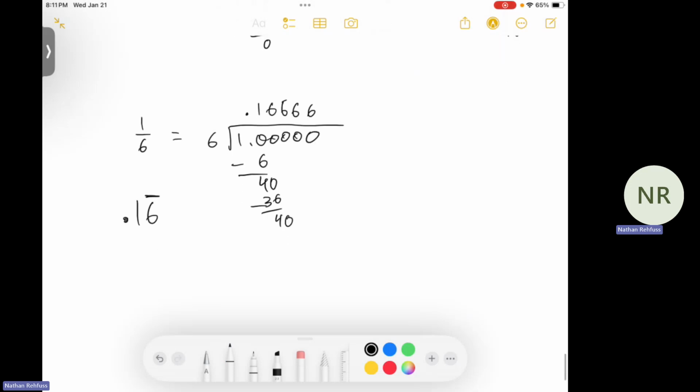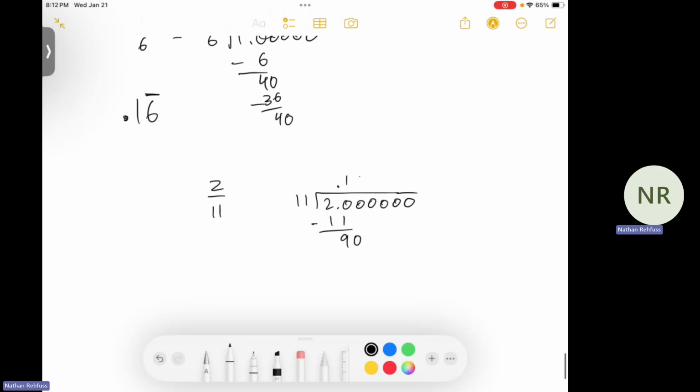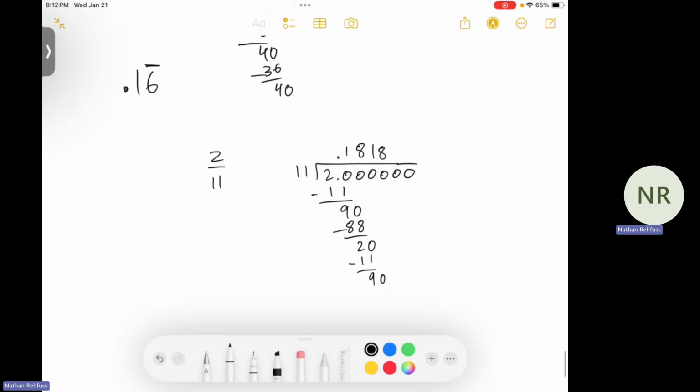On the other hand, if I had to do 2/11ths, I would divide 11 into 2, and look what happens this time. 11 goes into 20 once, making 90. 11 goes into 90 8 times, making 88, which the difference is 2. We're back where we started. 11 goes into 20 once, and then 11 goes into 90 8 times.